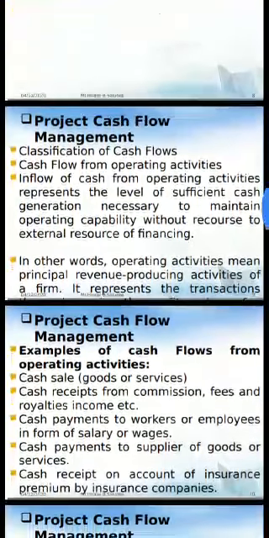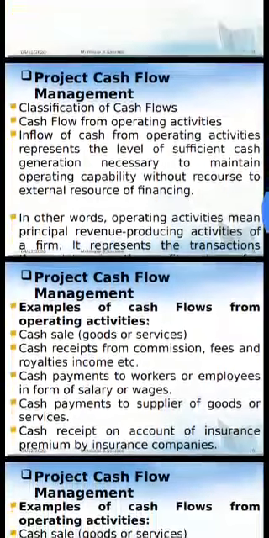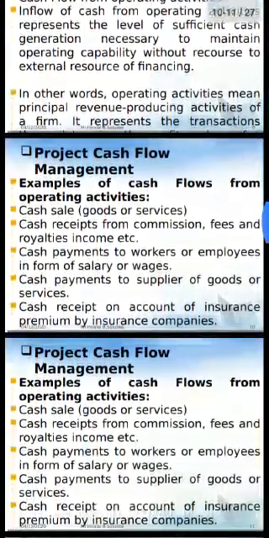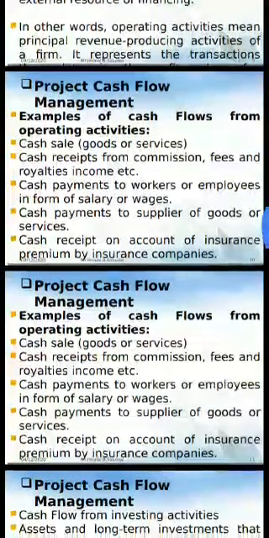Here we are going to increase the inflow of our organization by different operations. Here we take the example of salary of employees, then different purchases. If you wanted to purchase a different product from the organization, this is to be considered in operating activity. Other examples are cash sale, cash receipt, cash payment to suppliers and workers, etc.